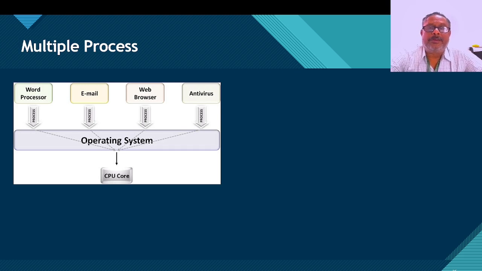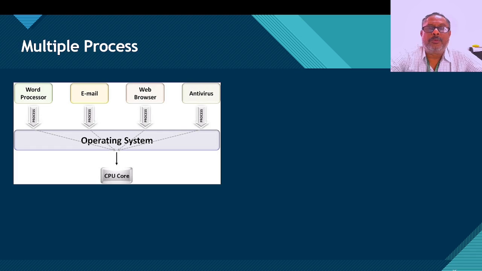But whatever it is, when it is being executed, it has to be done by the CPU or the processor. And in our earlier systems, where there was only a single processor, under normal circumstances only one of them could be working.